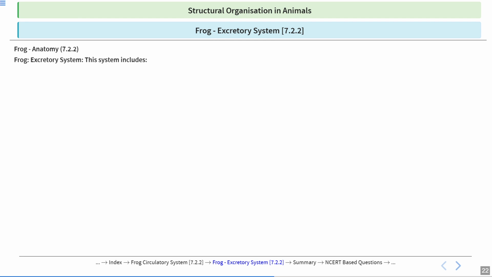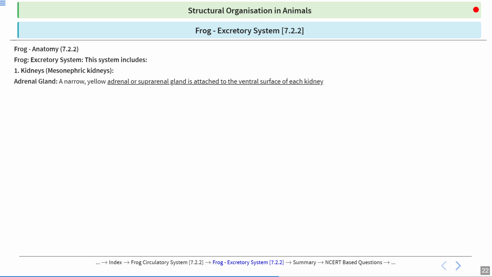So this system includes the mesonephric kidneys and the adrenal gland. A narrow yellow adrenal or suprarenal gland is attached to the ventral surface of the kidney, the lower surface. Anterior connections, fat bodies, and either a testis in male or an ovary in female are attached to the anterior end of each kidney.